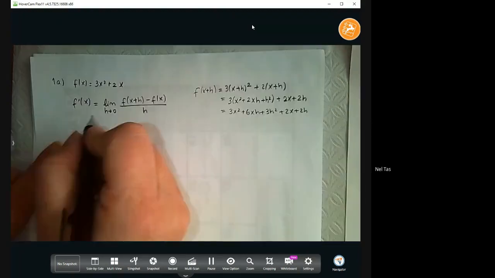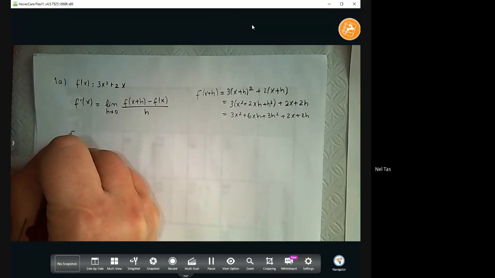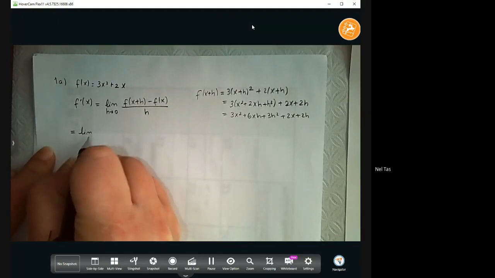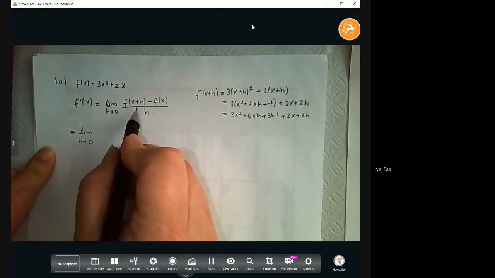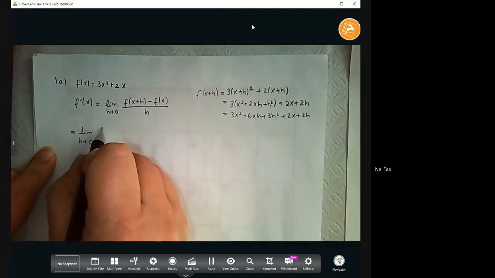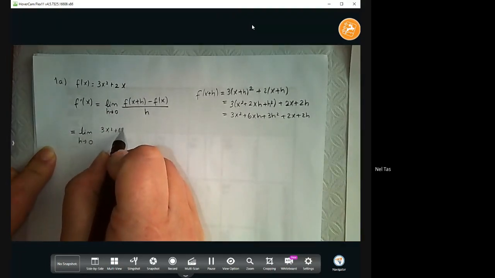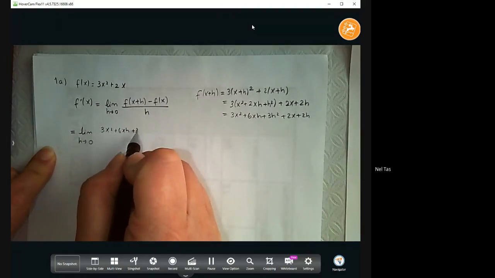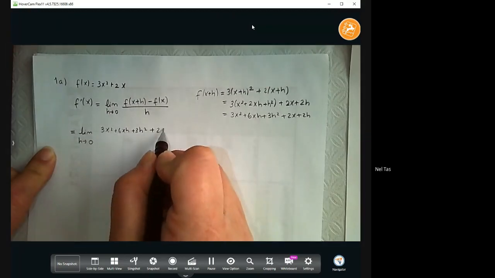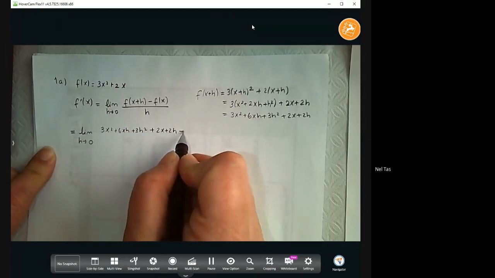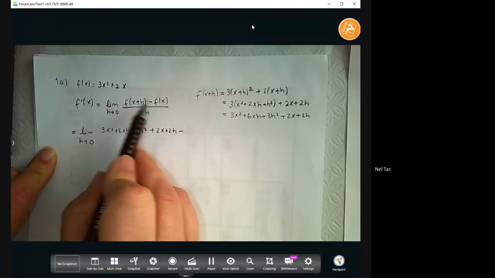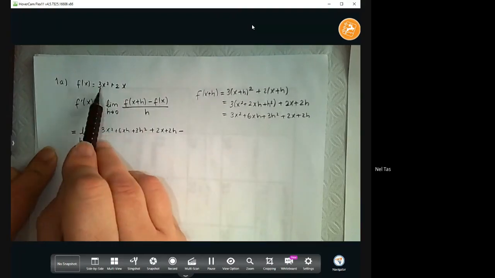Okay, so derivative: limit as h approaches 0, f of x plus h is 3x squared plus 6xh plus 3h squared plus 2x plus 2h, minus f of x, which is 3x squared plus 2x.